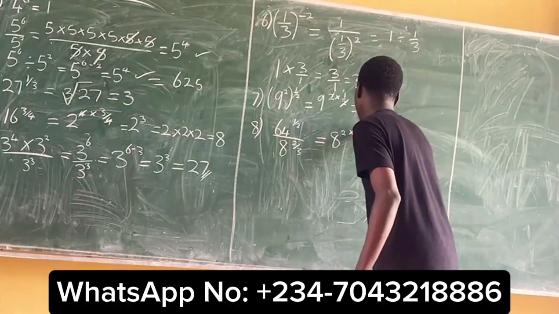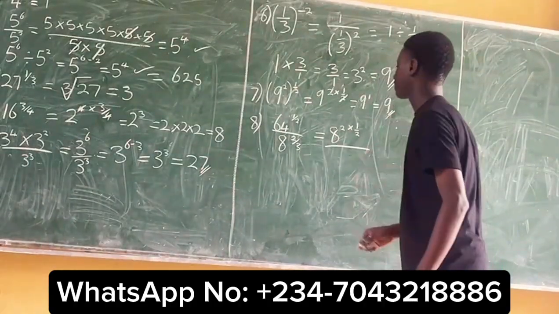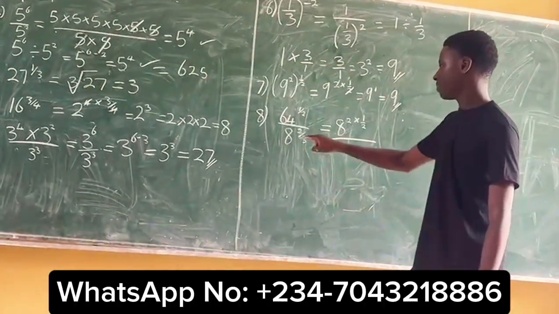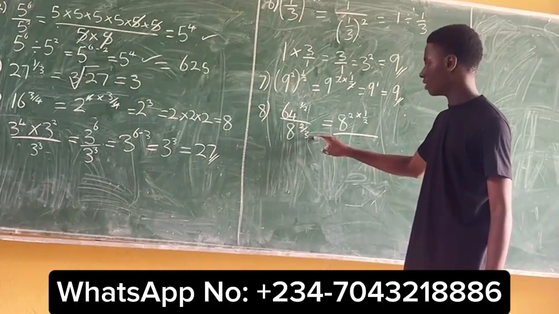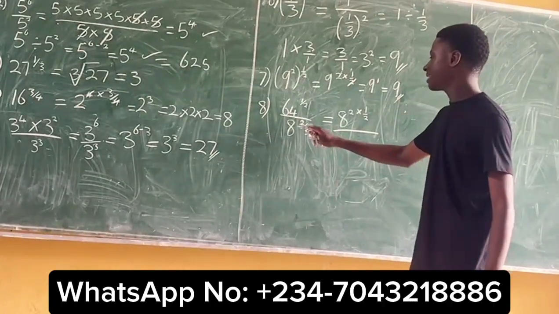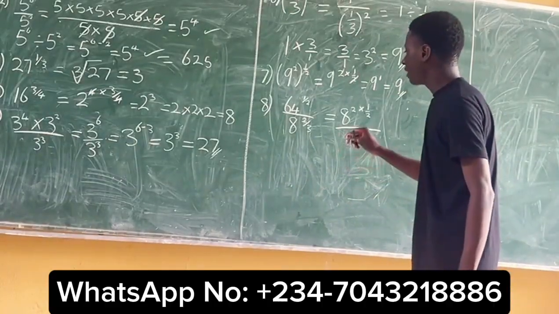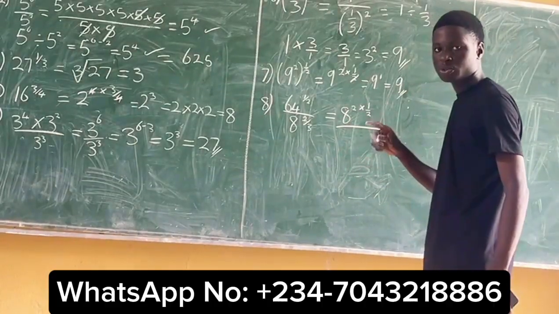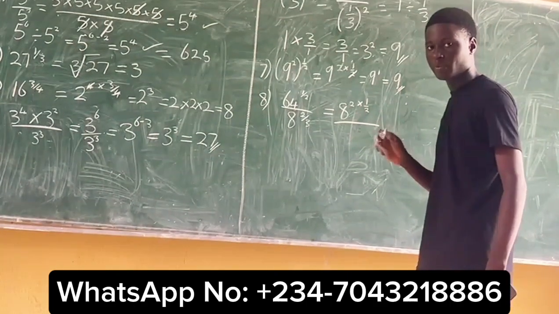So multiply 1 over 2, all divided by, same thing applies here. Express 8 to the power of 3, to have the power of 3. So I'm writing 8 as 2 to the power of 3, because 2 times 2 times 2 will give us 8.